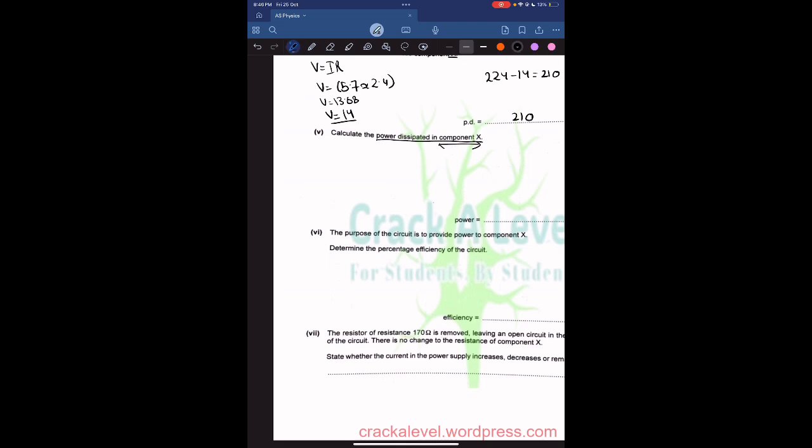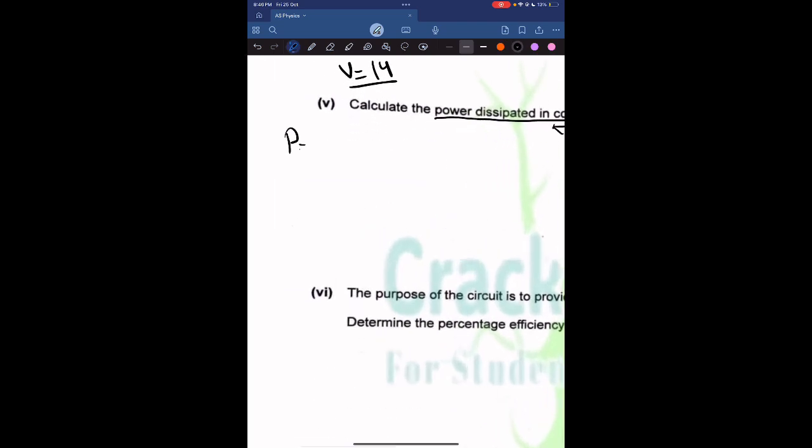All of these are valid. If you use P is equal to I square into R, or even P is equal to V square upon R.